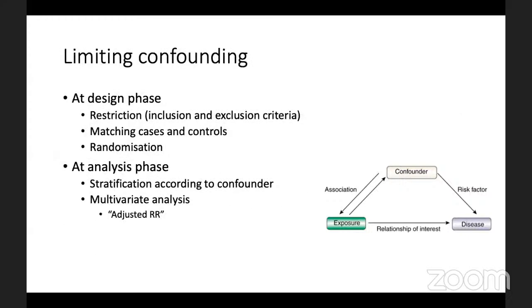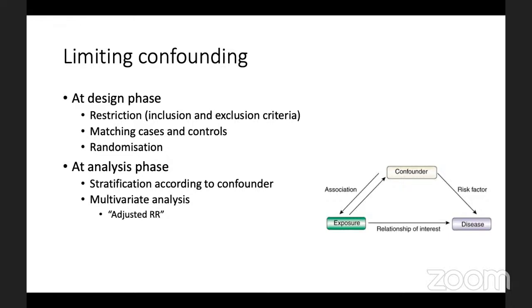So how do studies limit confounding variables? They can do so at different design stages of their studies. At the design stage, we can restrict patients. So in the dust exposure example, we could exclude all smokers, and thus we know this would not be included and contributing to the effect we are seeing.